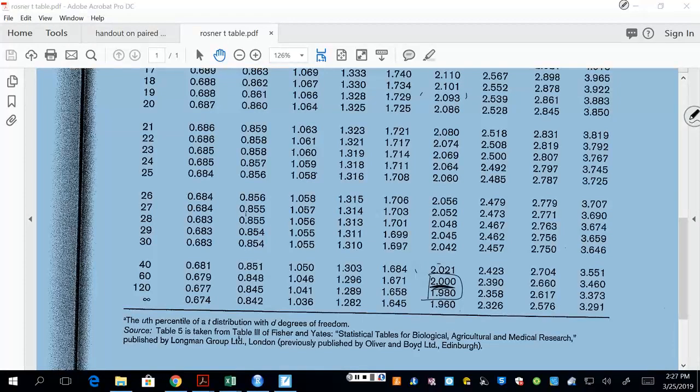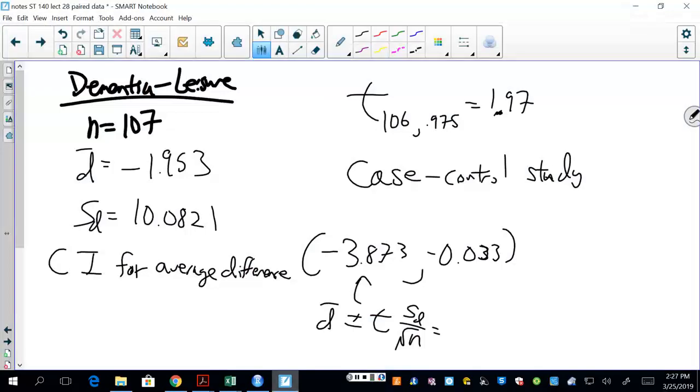Sorry about that. I didn't remember right. I forgot there was this 120 in the table. So I would make it just a little bit wider, but that's my fault. It would be 1.99. It's not going to change the answer all that much, just a little bit. It should be kind of in the middle there. So sorry about that.